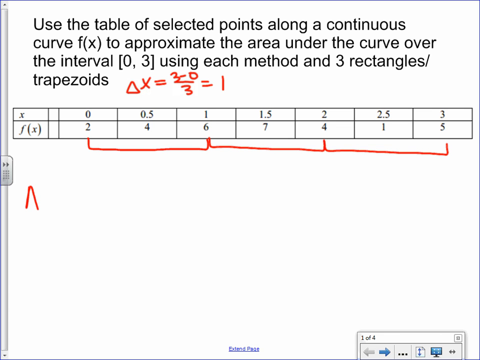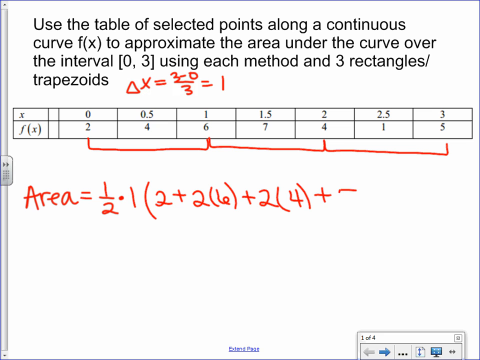So when we find our area, it is 1/2 times our height of 1 times our first base 2, plus our second base 6, plus our third base 4, plus our last base 5.